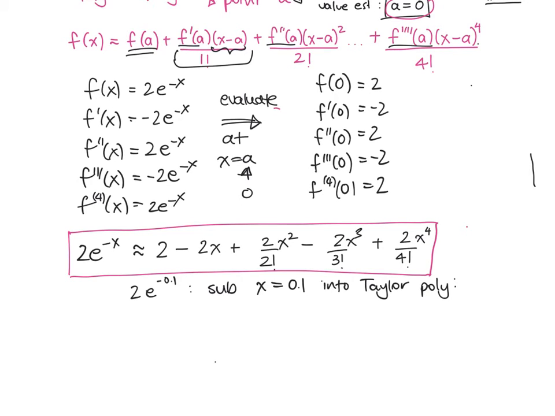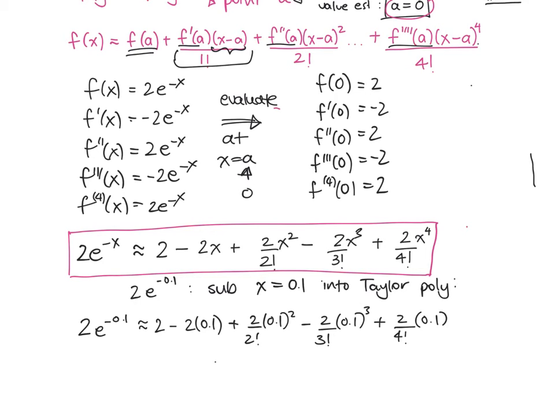So what we get is that 2e to the minus 0.1 must be approximately equal to 2 minus 2 times 0.1 plus 2 over 2 factorial times 0.1 squared minus 2 over 3 factorial times 0.1 cubed plus 2 over 4 factorial times 0.1 to the power of 4.